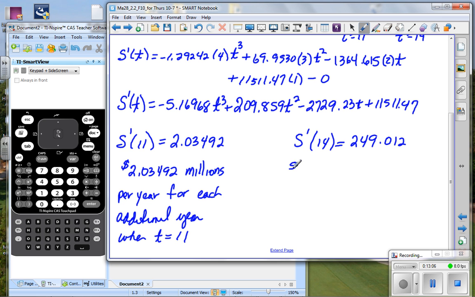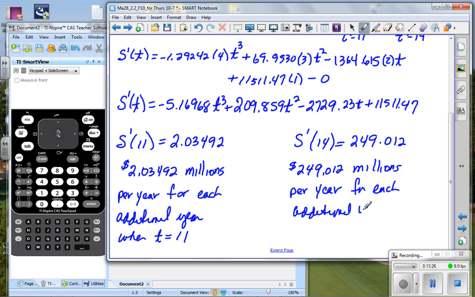Over here we would have the same discussion, per year. So sales was increasing this much per year for each additional year.